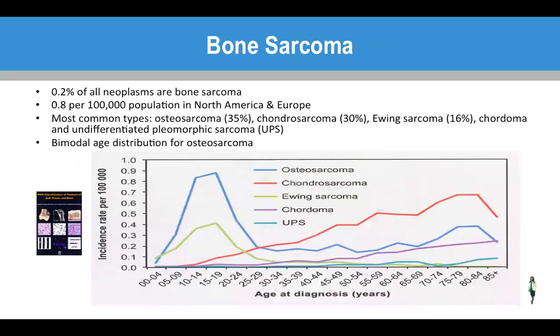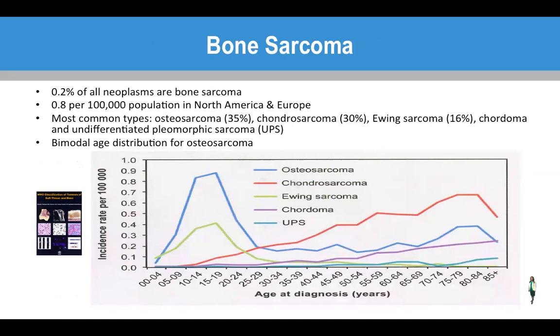So let's talk about bone sarcoma. As we said, it's a very rare tumor. Bone and soft tissue tumors account for 1% of all tumors, and sarcoma is even more rare. In soft tissue, you see 100 benign soft tissue tumors before you see one sarcoma.